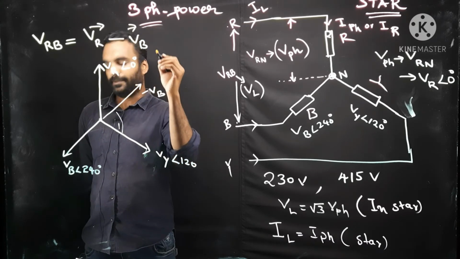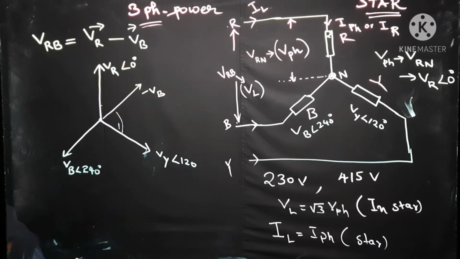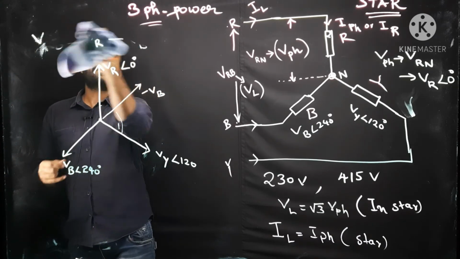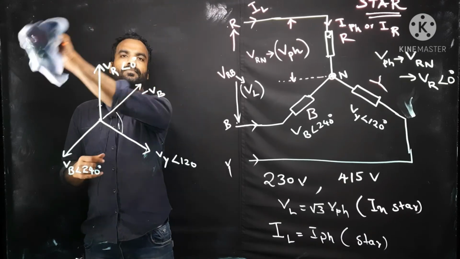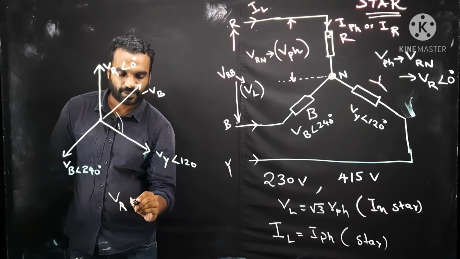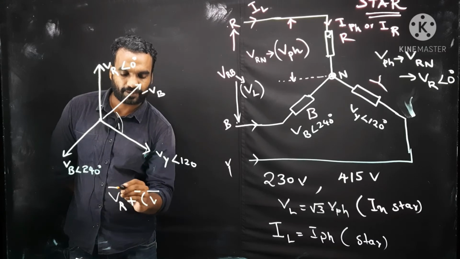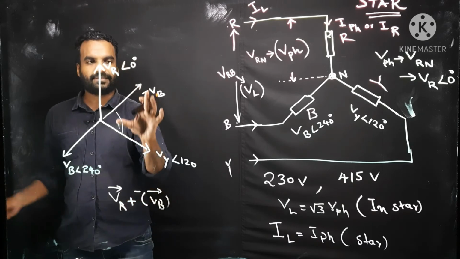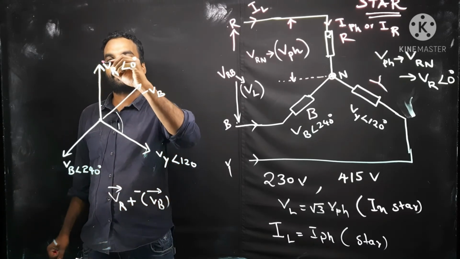VR minus VB is just equal to vector VR plus vector minus VB, like that. This is minus VB. Now I am going to take the vector resultant.